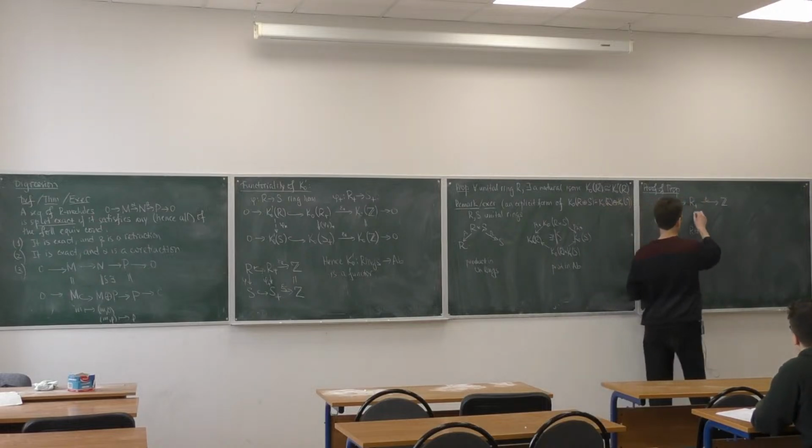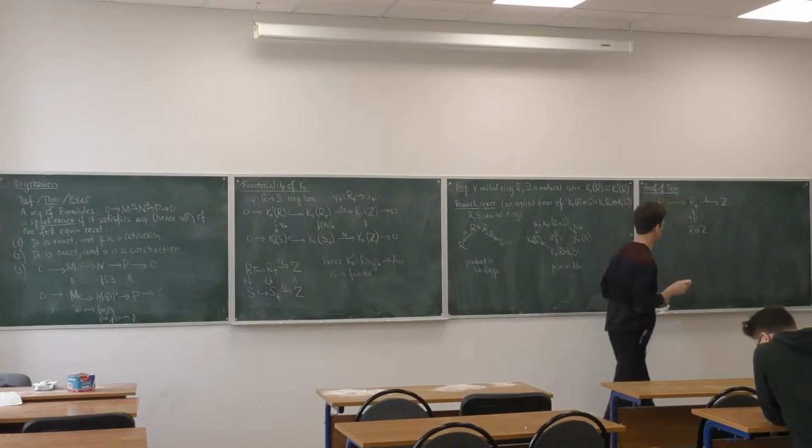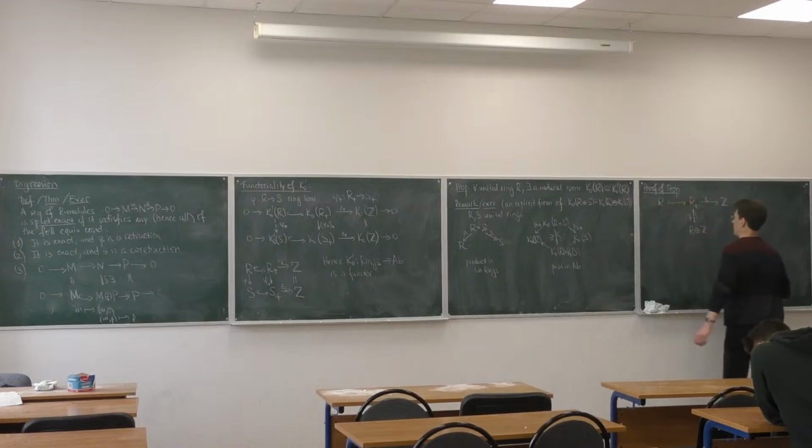So there is an isomorphism here, that's denoted by psi. Psi is a ring isomorphism, and it is explicitly given by the following formula.